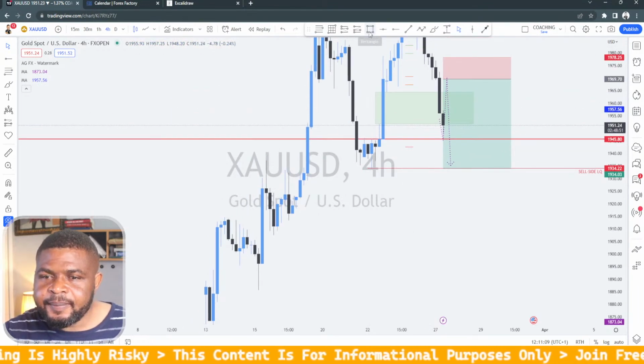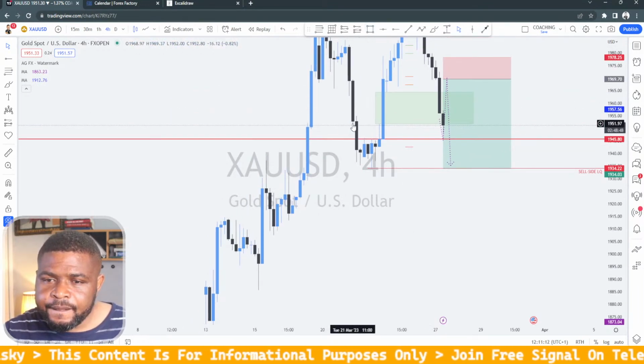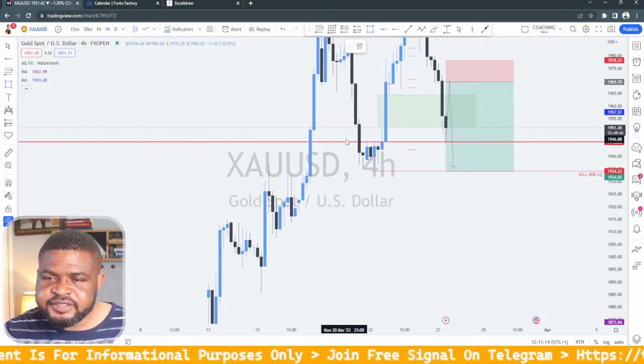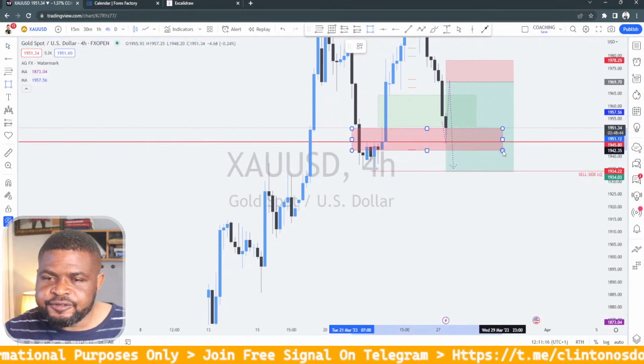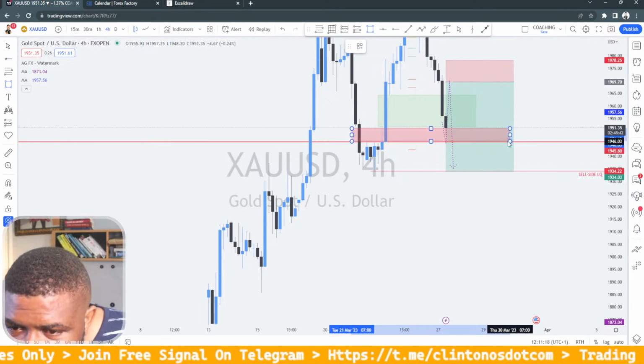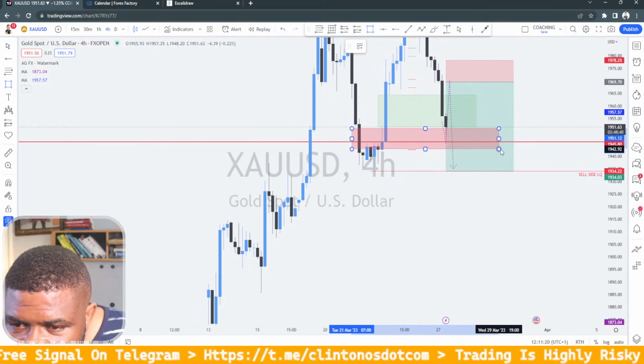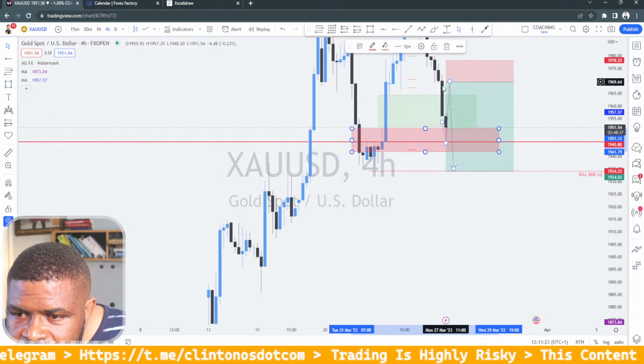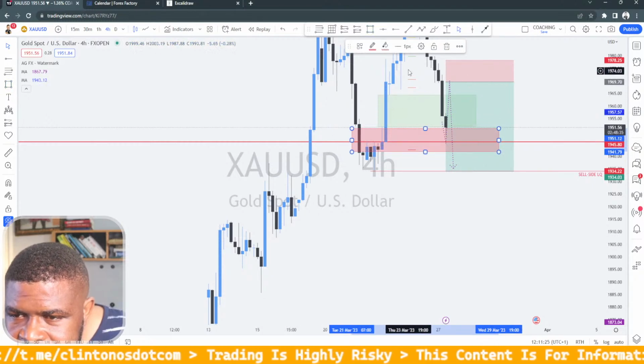This gap, fair value gap rejecting. Is that what you're looking at? The old fair value gap? Or this? Okay.